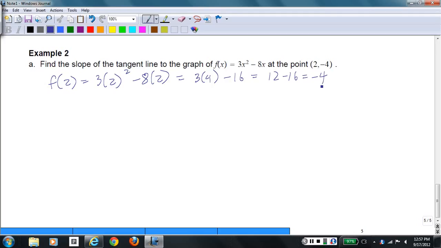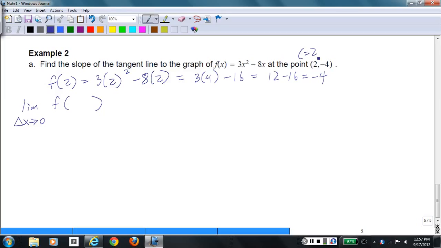So the point (2, -4) is on the graph, and it's just a matter of finding the slope of the tangent line at that point. So we want to find the limit as delta x approaches 0 of f of, well again, c equals 2.